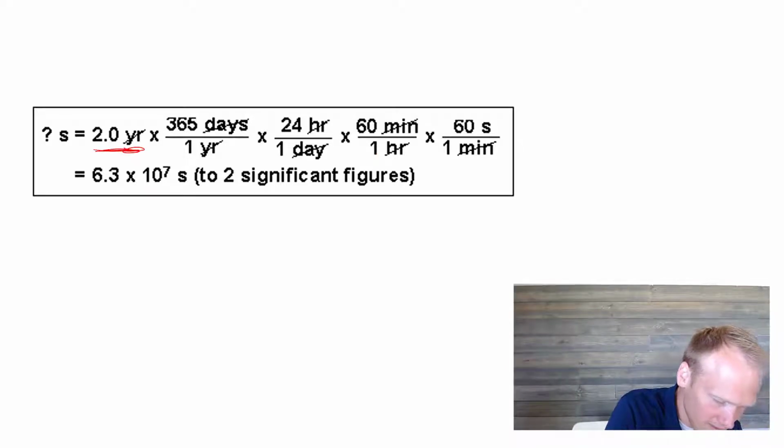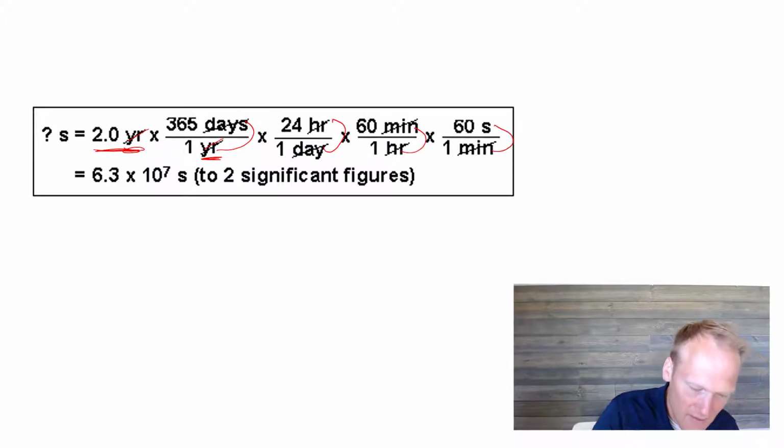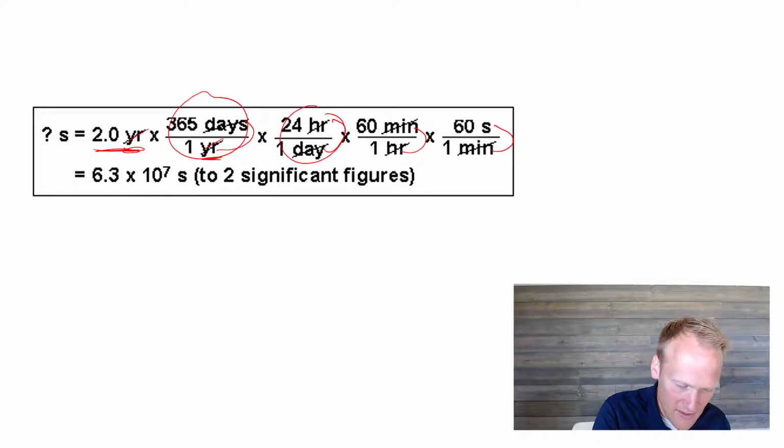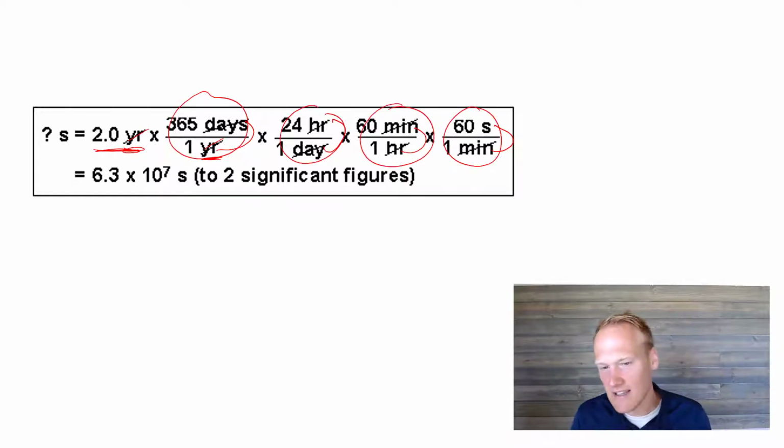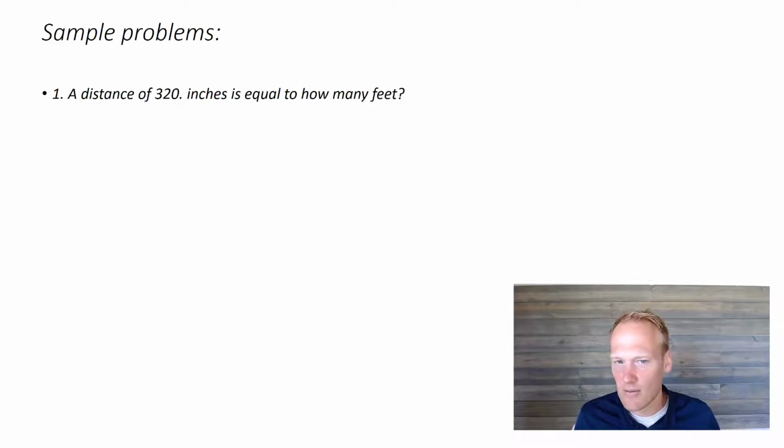This is my given. And then I put years at the bottom, and that way years will cancel out. So we go from years to days, then from days to hours, from hours to minutes, and then from minutes to seconds. These are all conversion factors that are helping us get there. I know that's really fast. Let's do a couple examples here real quick.